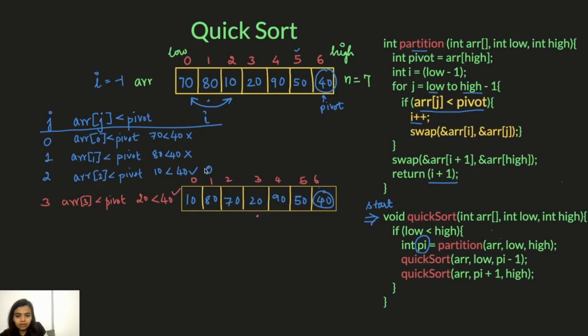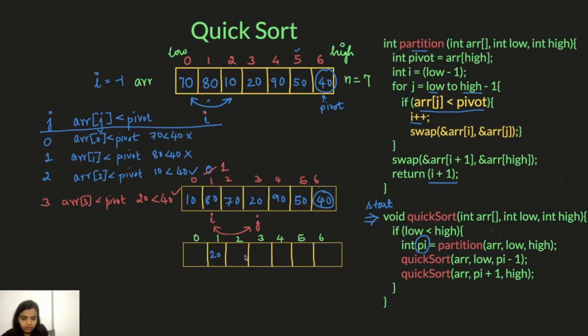Yes, it is. So we will increment i. Now i will become 1. So i is here and j is here, at 3. Now we have to swap these two. 20 comes here, 80 comes over here, and 10 and 70 remaining we just copy them.